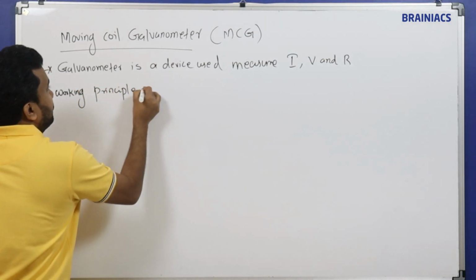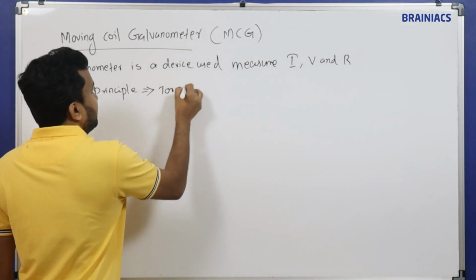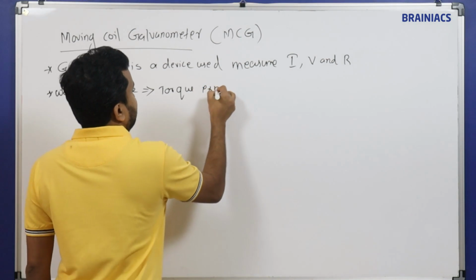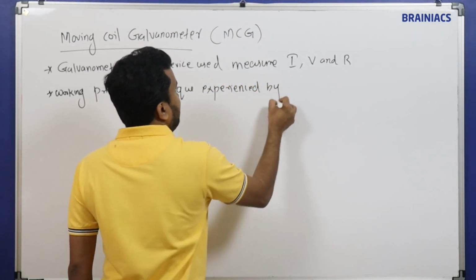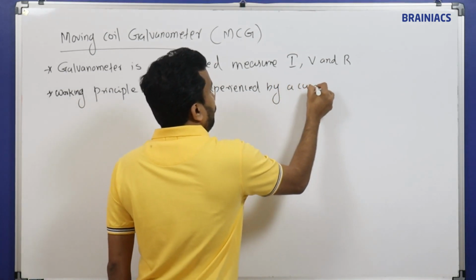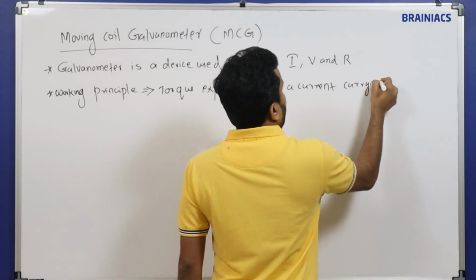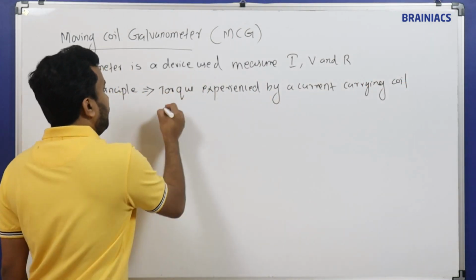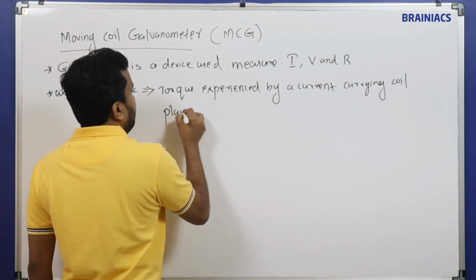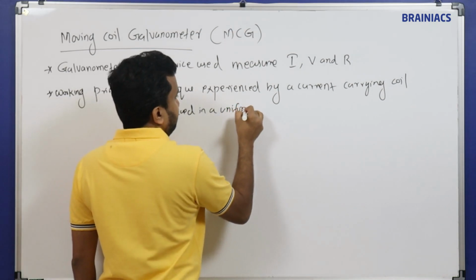The working principle of the moving coil galvanometer is the torque experienced by a current carrying coil placed in a uniform magnetic field.